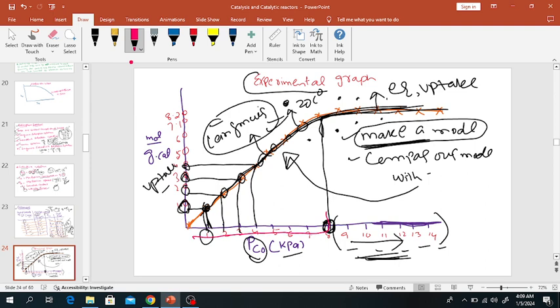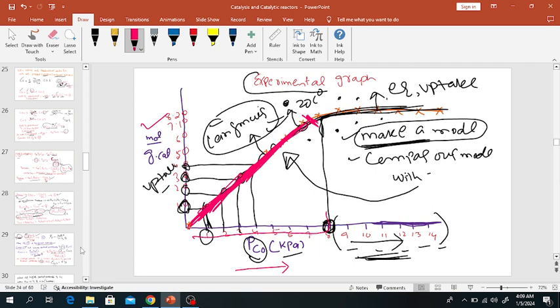When the partial pressure of carbon monoxide increases, the catalyst uptake also increases, and it shows a linear relation from 0 up to this point. So at low pressure, the partial pressure is a linear function of the catalyst uptake. This is case number 1 for the Langmuir isotherm.